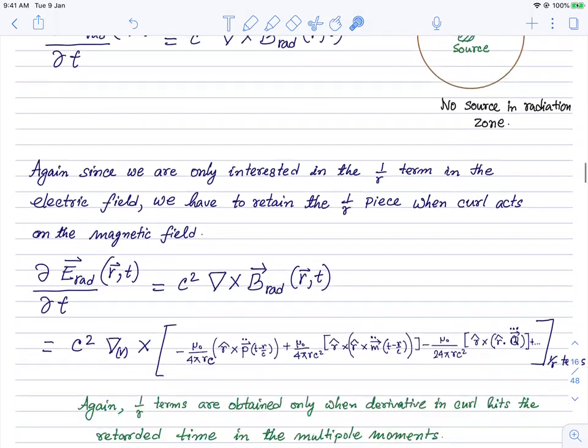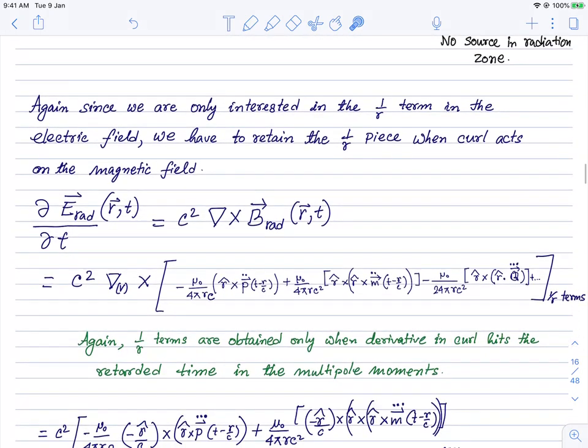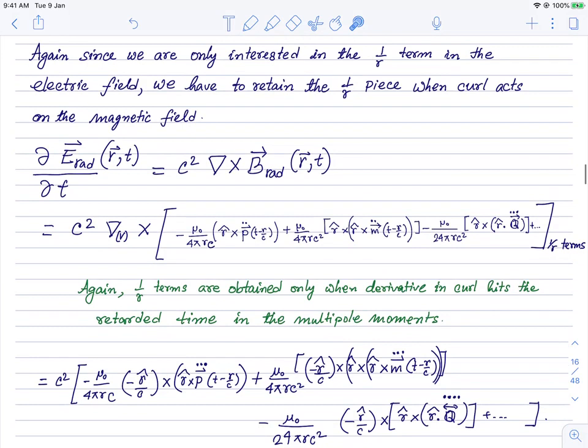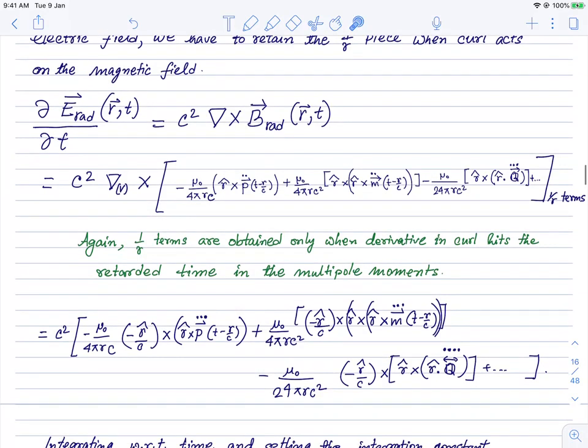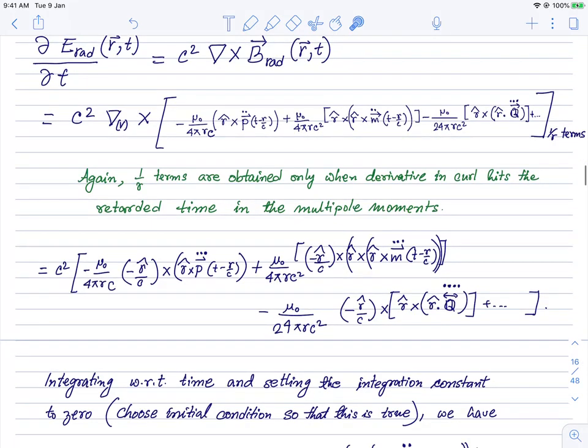So now we start with the three terms here: the electric dipole, the magnetic dipole, and the electric quadrupole. We take a curl, and we have to multiply by c squared also. This is something important. And finally we have to integrate with time.